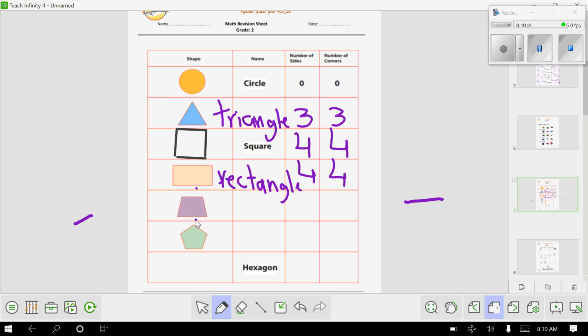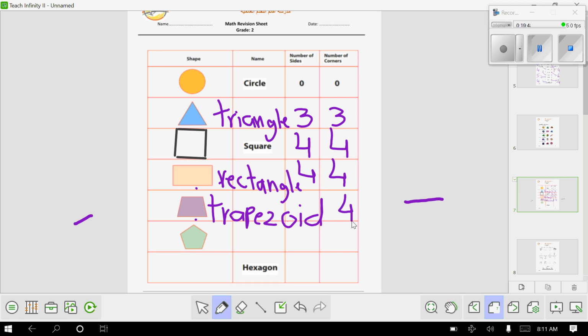What do we call this shape? Excellent. It's a trapezoid. Yes, trapezoid. How many corners? 4.